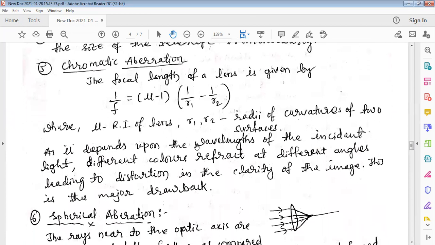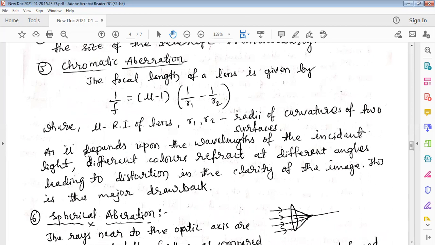The next problem is chromatic aberration. The focal length of a lens is given by 1 by f equals mu minus 1 into 1 by R1 minus 1 by R2, where mu is the refractive index of the lens, and R1 and R2 are the radii of curvature of the two surfaces.